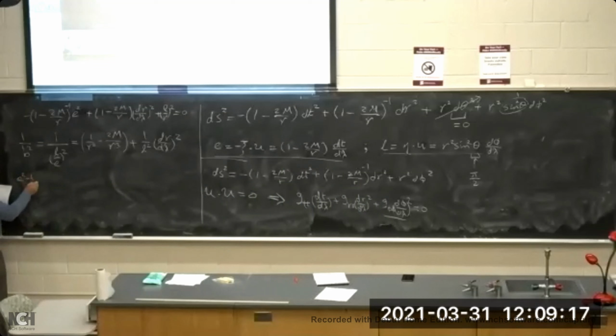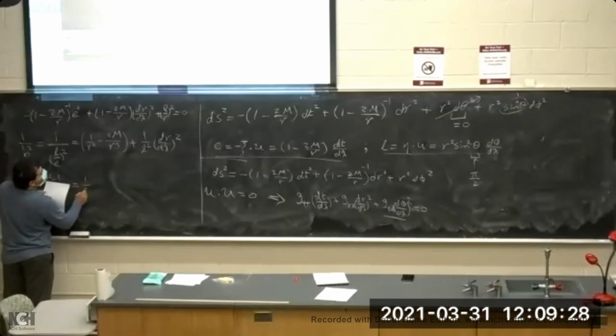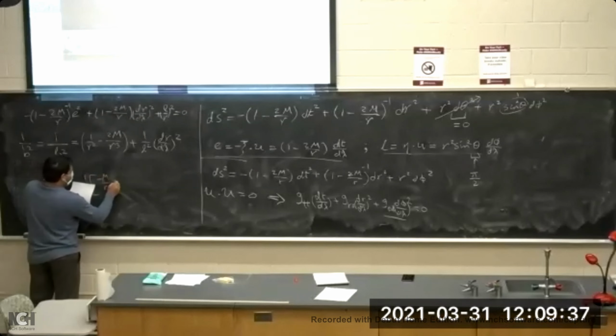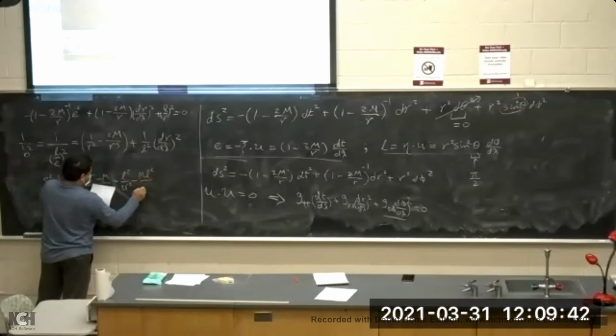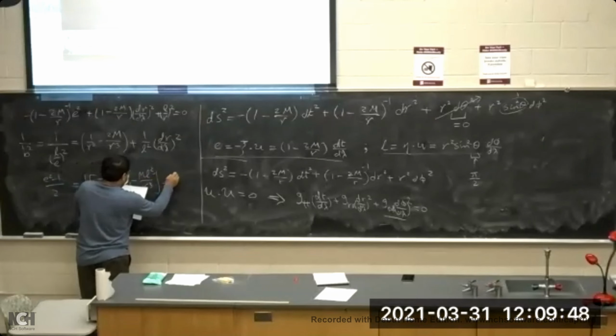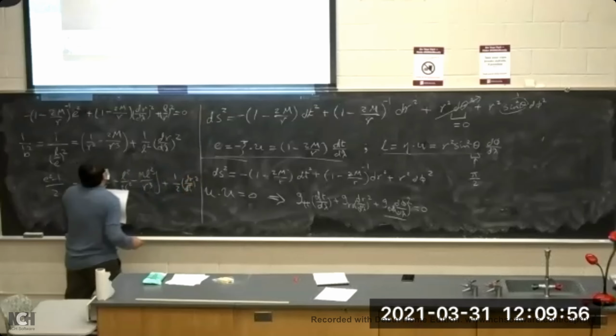We have E squared minus 1 over 2 is equal to just 1 over 2, minus m over r plus L squared over 2r squared, minus m L squared over r cubed, plus 1 over 2 (dr by d tau) squared.